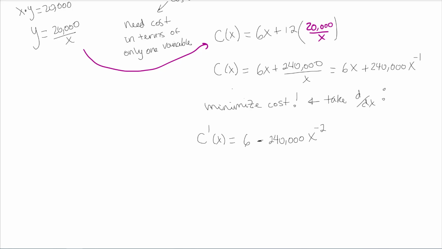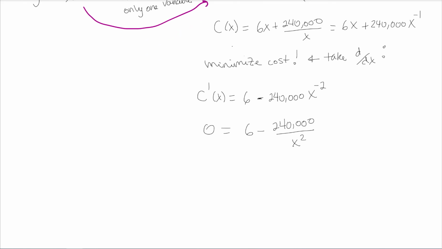And we want to set the derivative equal to 0. So I'm going to have 0 equals 6 minus 240,000 over x squared. Rewrite it with the positive exponent and solve for x. Multiply both sides by x squared to get rid of the x squared in the denominator.